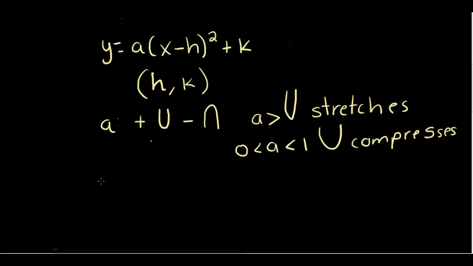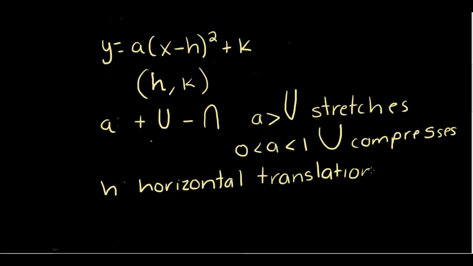Now the value of h, that one moves the graph to the left or to the right. It is a horizontal translation. And the value of k, that one moves the graph up or down. So it is a vertical translation.